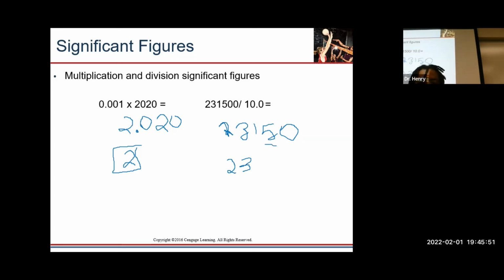Okay, it's a 5, right? What is the rule about the 5? Do we have anything more to push it up? No, we don't. So we leave it at 231,00. So 23,100.